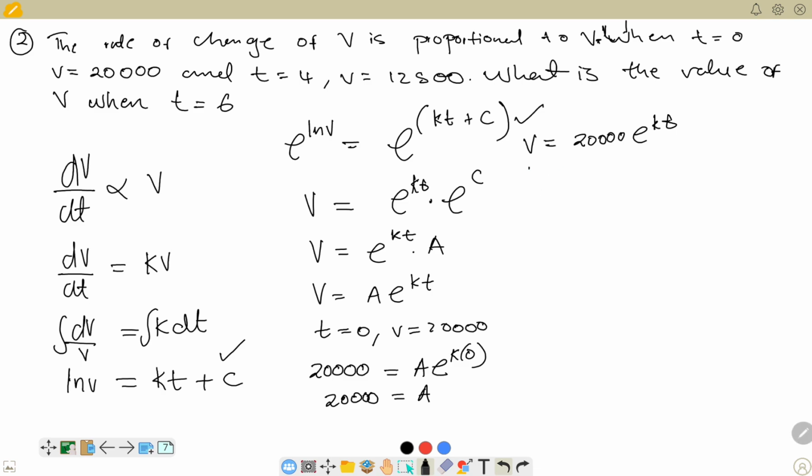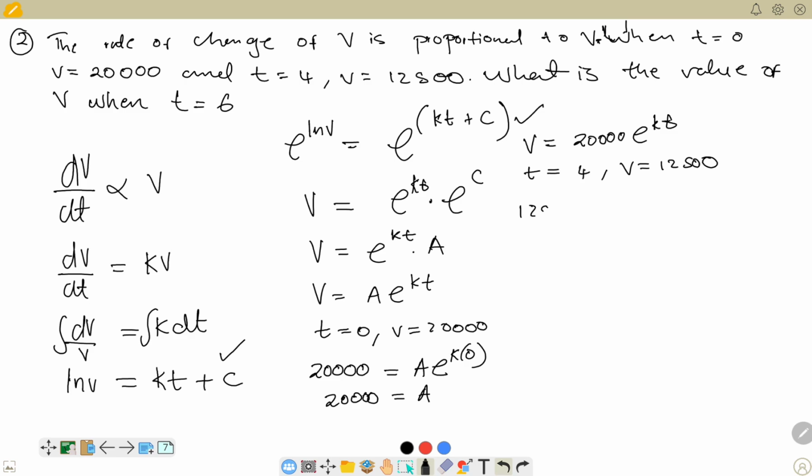Now we need to find the value of k. So when t is 4, perhaps 4 seconds or 4 minutes or 4 hours or 4 days or 4 years, we don't know the units of that time, and we don't know the unit of v as well. So v is just 12,500.